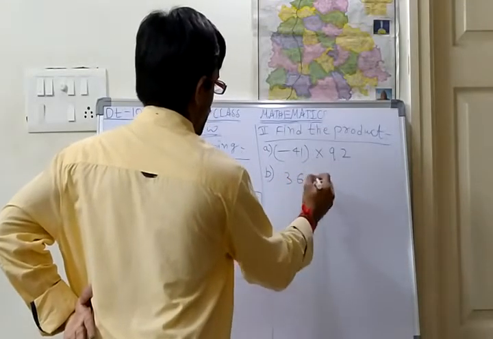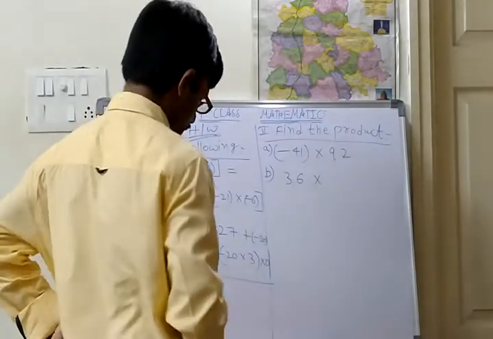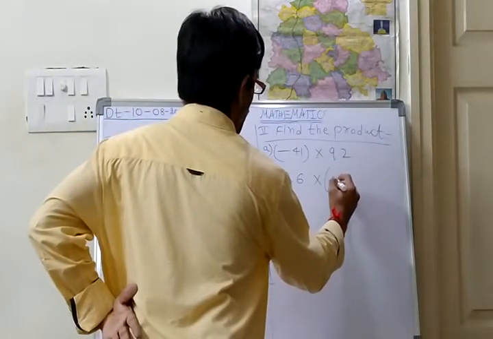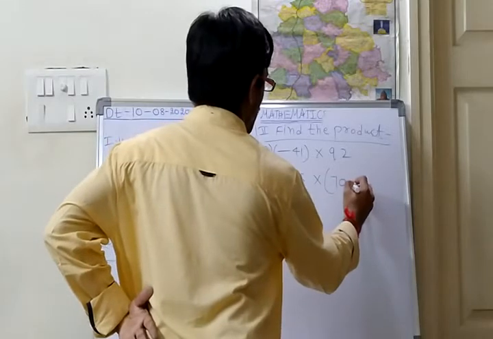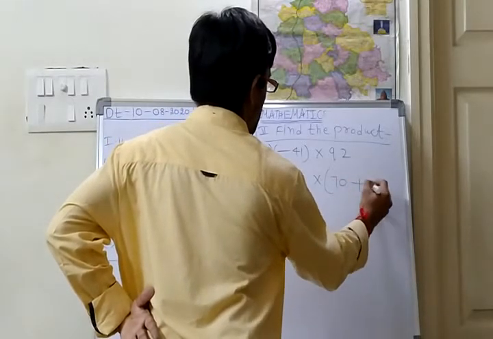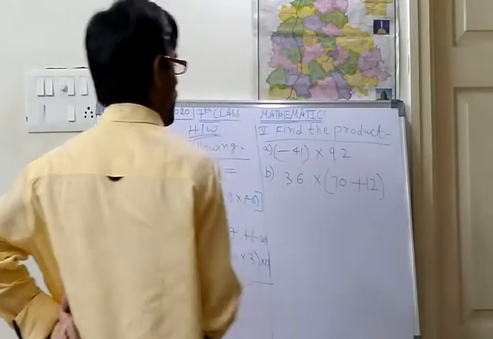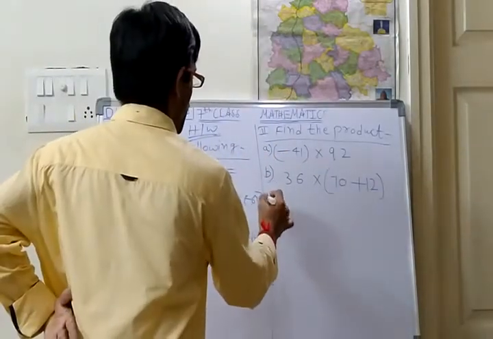Six into 70 plus 12. 70 plus 12. This is second bit. Find the product.